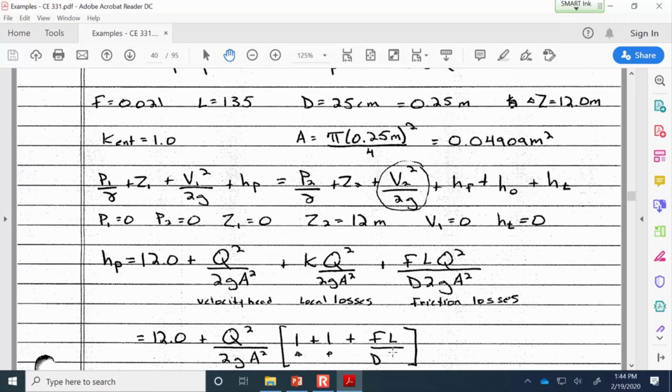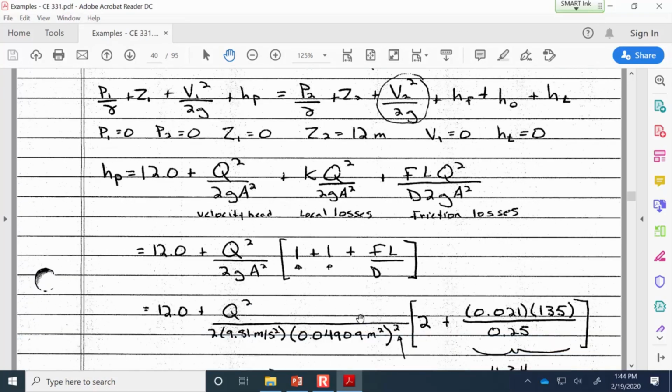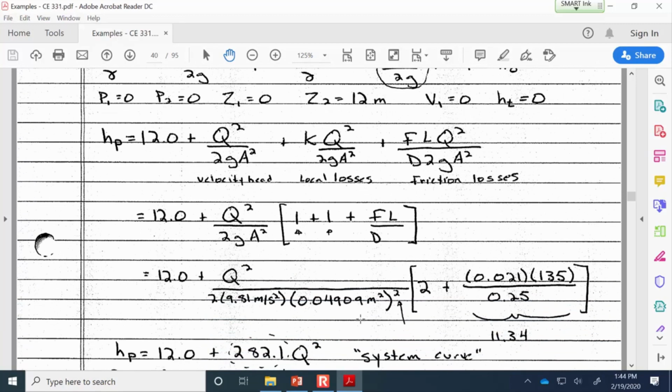So this is kind of the structure of the system curve. And we can substitute in the known A and the known friction factor and length and diameter. And with that, here's our system curve. You can think of this 282.1 as similar to the R values that you calculated in the loop method.